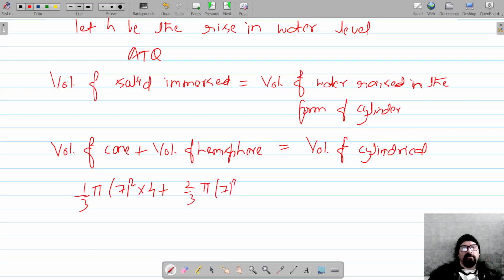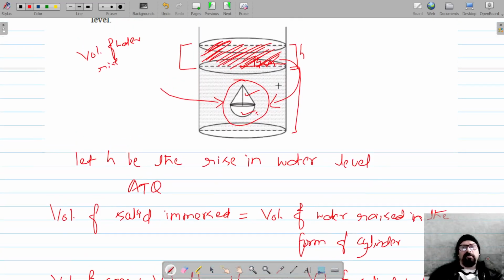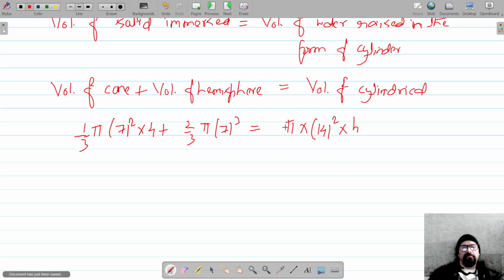Radius is 7. Cylinder will be pi into radius 14 square into h, where h is the height of the cylinder. So radius is 14 centimeter.